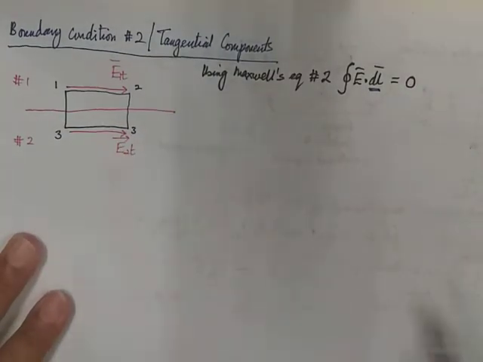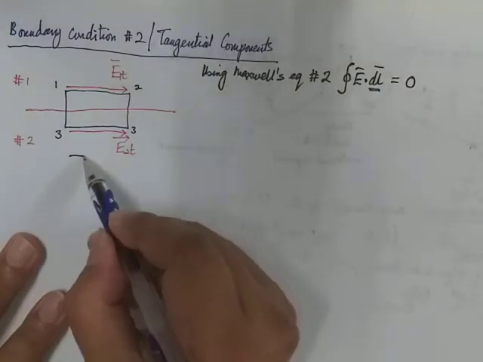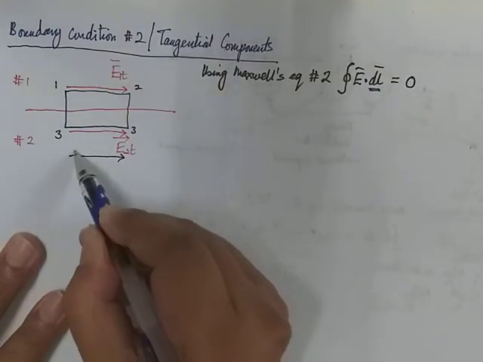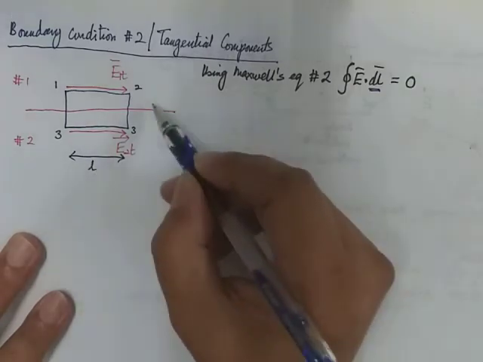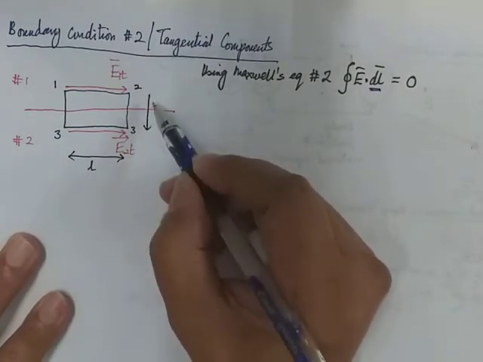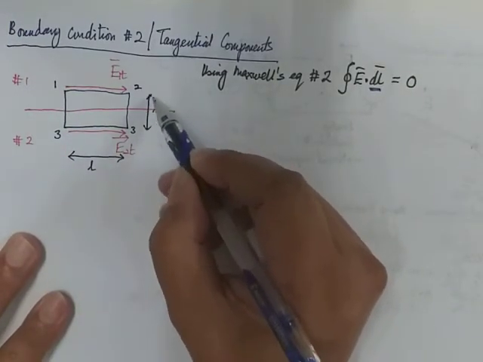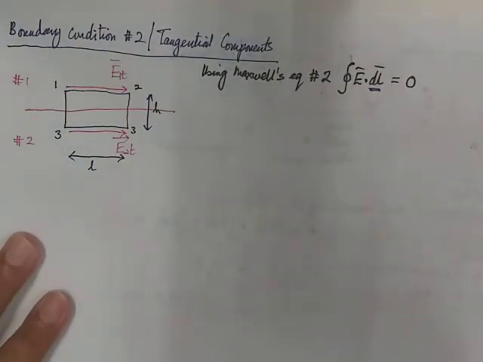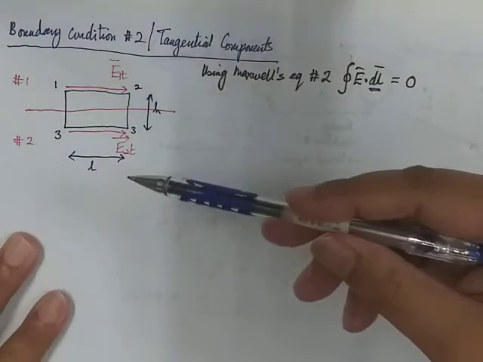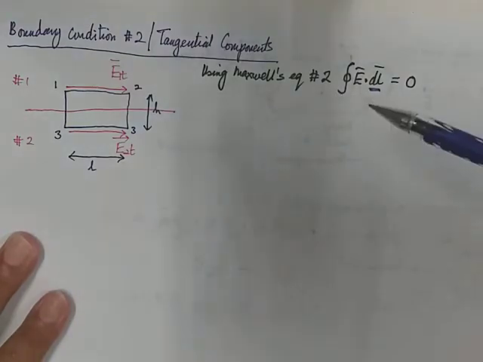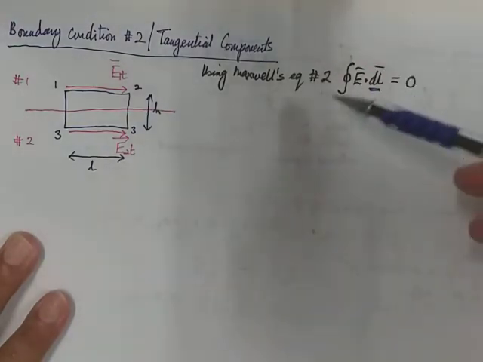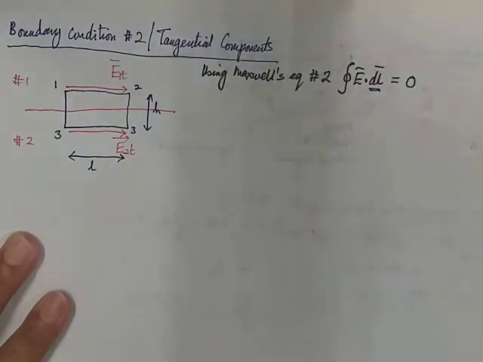I'm going to give dimensions now. Let's say the width is L, and the height here is H. So that should be my structure of length that I'm going to refer to when I want to solve this mathematics.